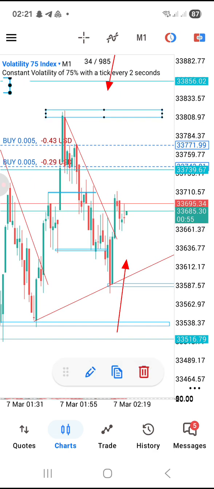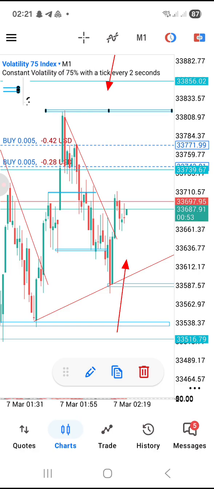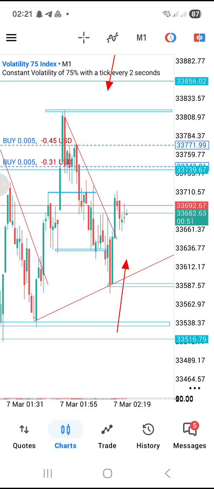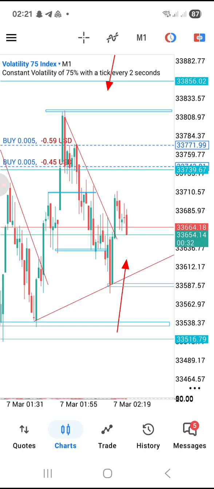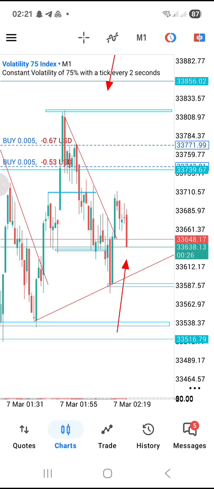But for now, this is our redemption. If it's not able to break further up, it means we have to take the loss and get out of the trade. For now, let's hold.